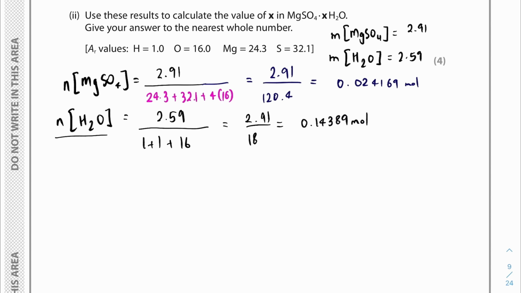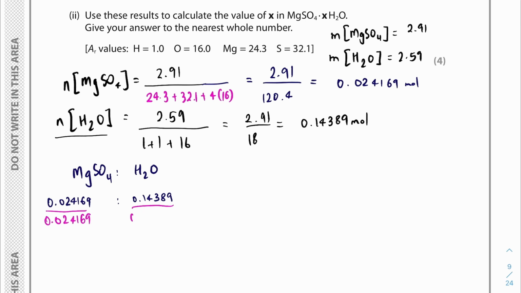Now let's compare the two. We have 0.024169 moles of MgSO4 and 0.14389 moles of water. Clearly this is a smaller number, so let's divide both of them by the smallest number.